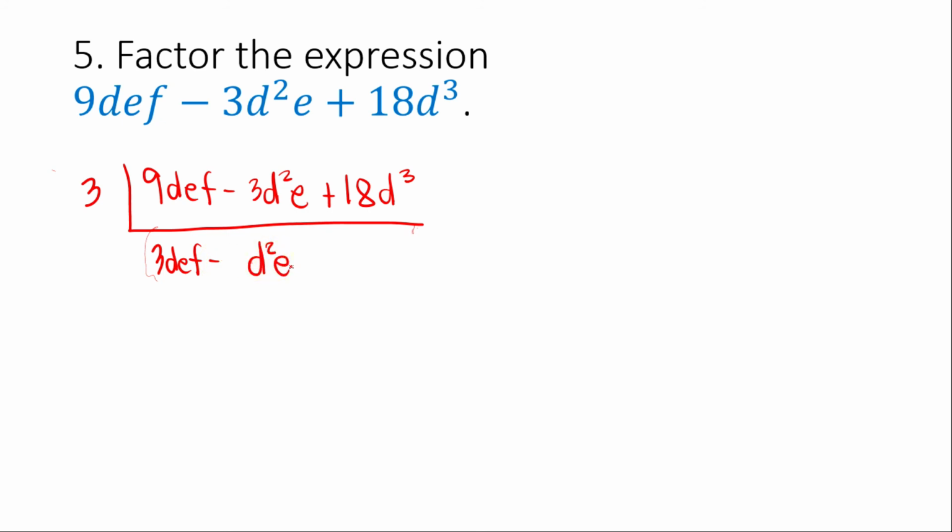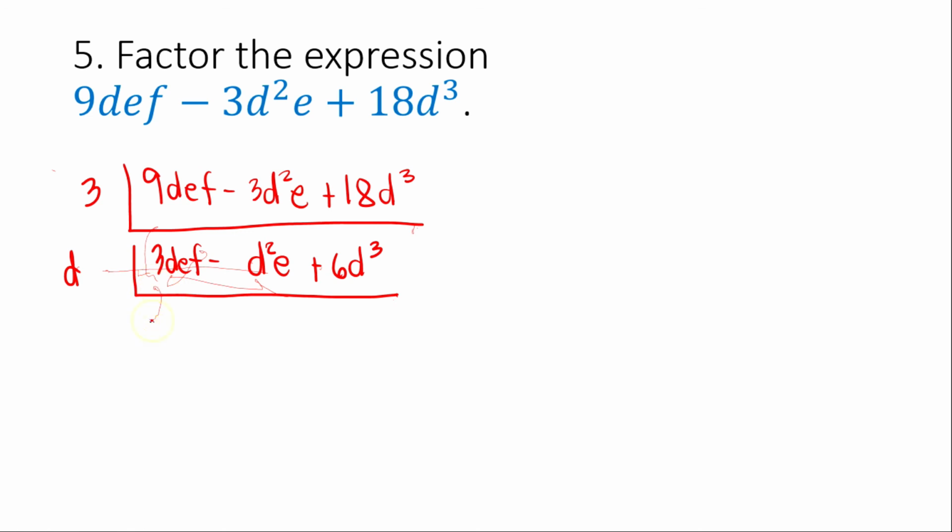And 18 divided by 3 is 6. Inspect natin yung mga variables na common and with the least exponent. So, we have d sa lahat, and the one with the least exponent is d to the first power. E, wala sa pangatlo. F, sa unahan lang meron. So, it's just d na na-factor out natin.